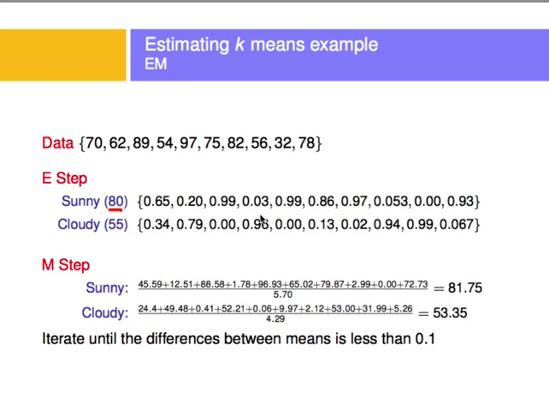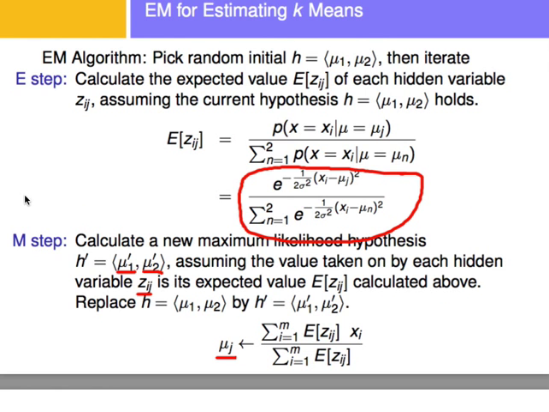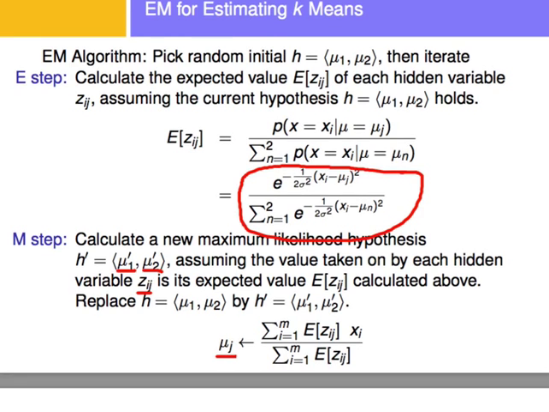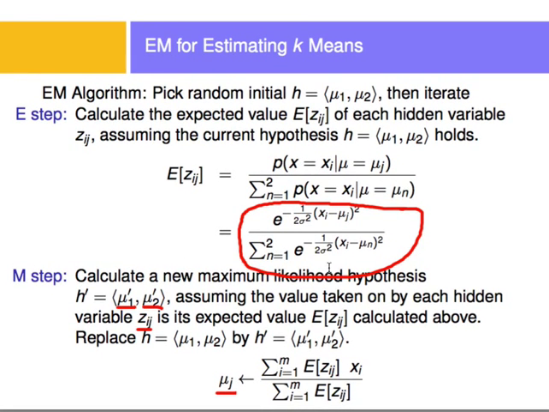Now, for cloudy, the mean is 55. I will compute the same formula, only that I will be using this mean instead, right? So remember, in this formula, I have to use mu j. First I used the first mean, 80, and now I'm using the second mean, which is 50.